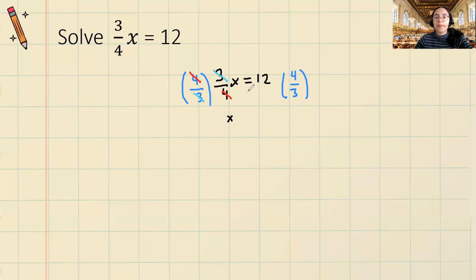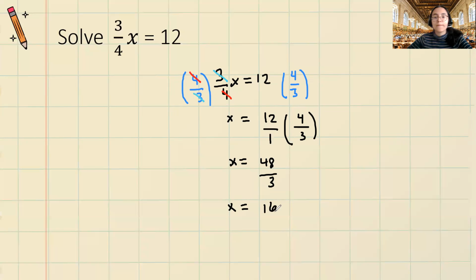So then I can bring down my variable, and then 12 times 4/3. Remember, when we multiply fractions, we multiply straight across. So we have 48 divided by 3, and this should be 16. Okay, so let's go ahead and continue to the next example.